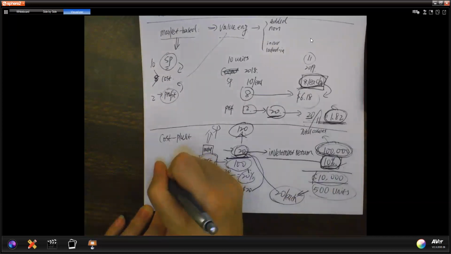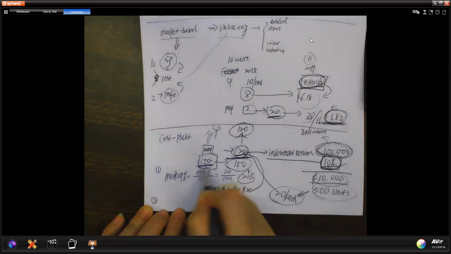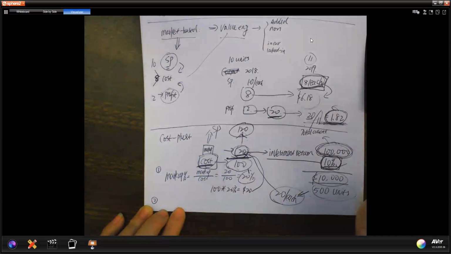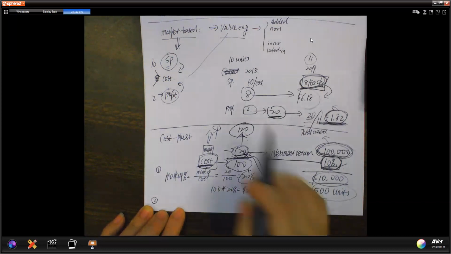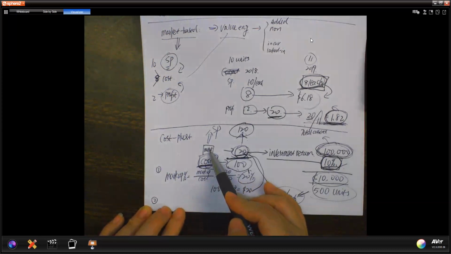And then the second thing is that, ideally, you can have a different markup and a different cost base, right? We can use full cost as the cost base, variable cost, manufacturing cost, or whatever. If the base is big, then to reach a certain selling price, you only need a small markup.